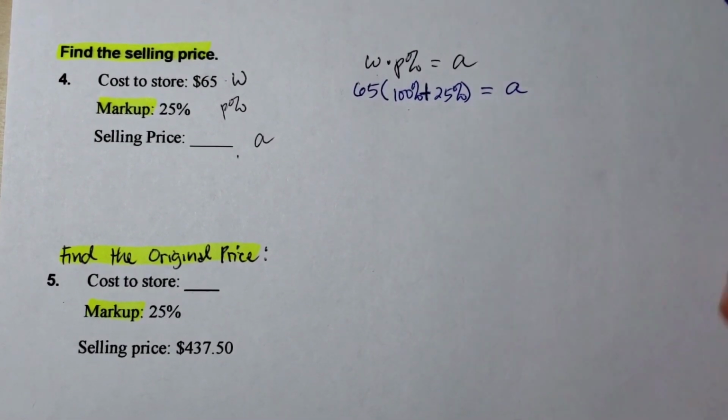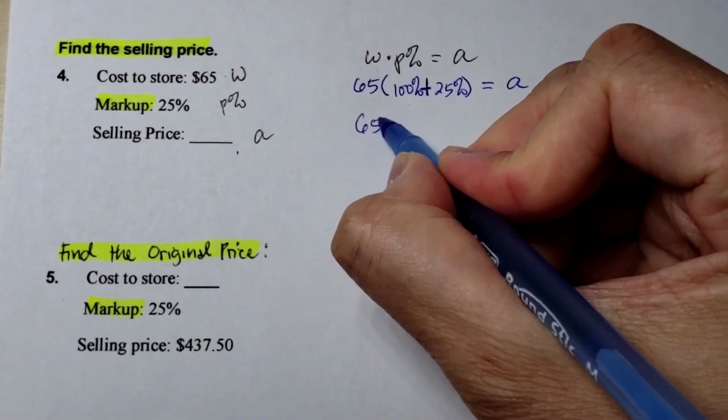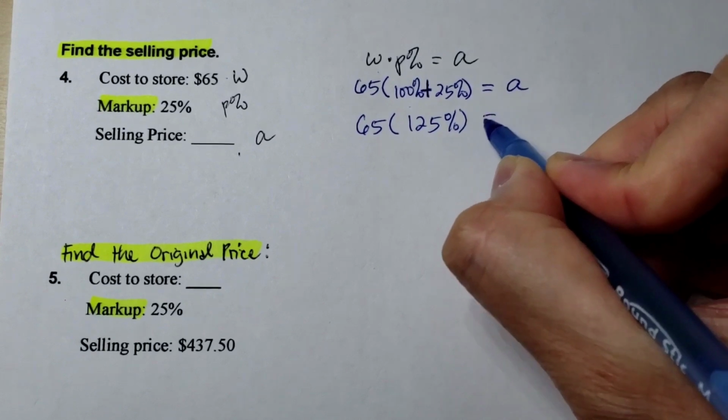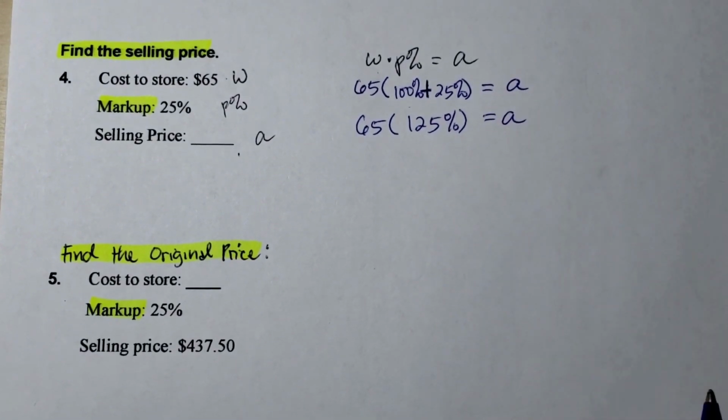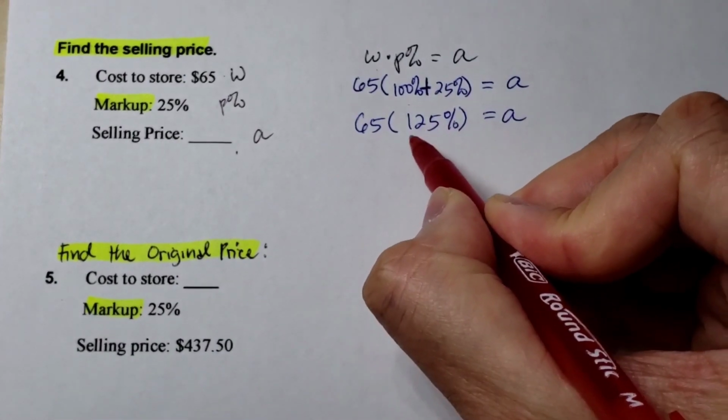And we don't know what this is. Okay? Now, 65, this becomes 125% is equal to A. Change this to a decimal. To change a percent to a decimal, we divide by 100.